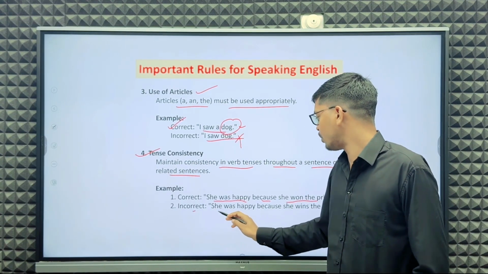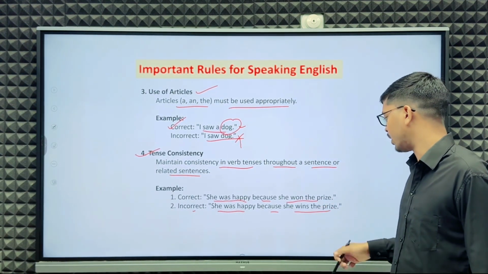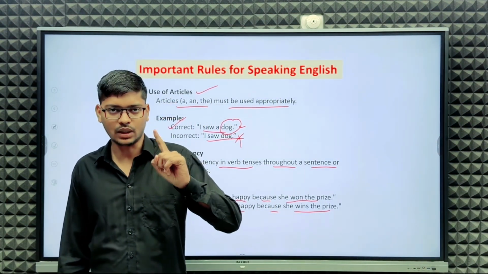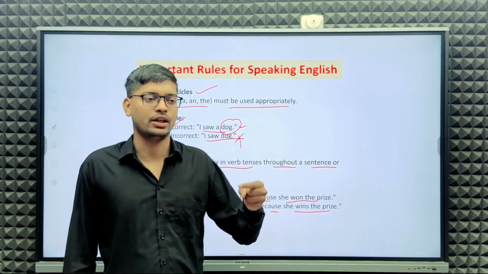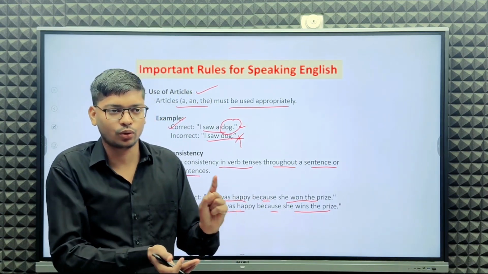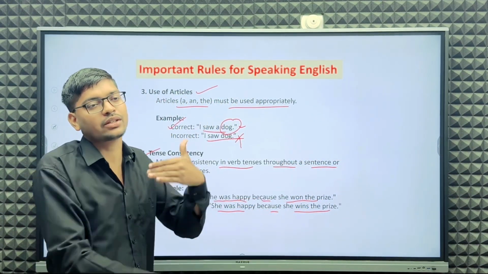Incorrect: she was happy because she wins the prize. If a sentence is talking about the past, then we have to talk in the past tense in the next sentences also.